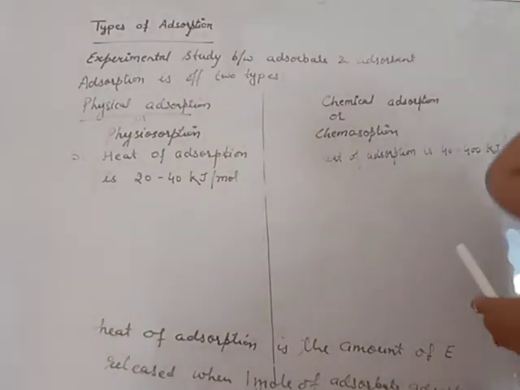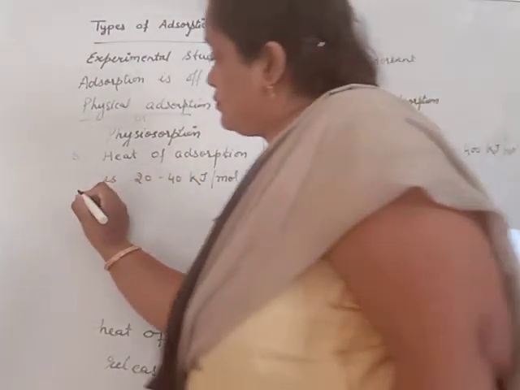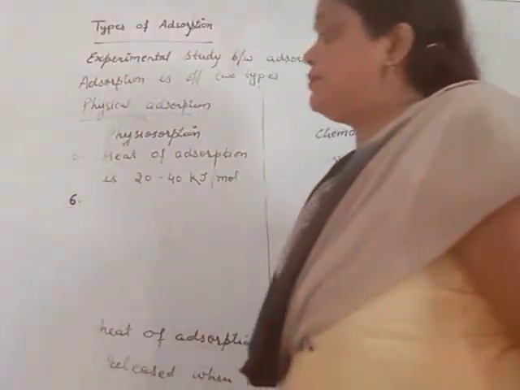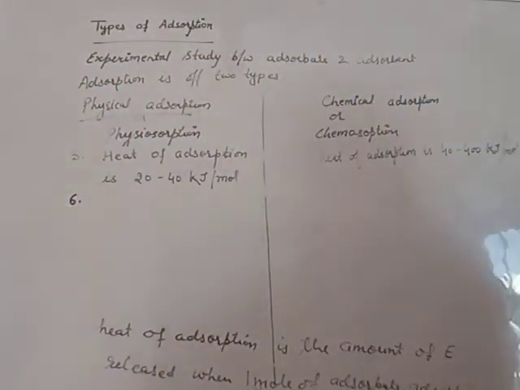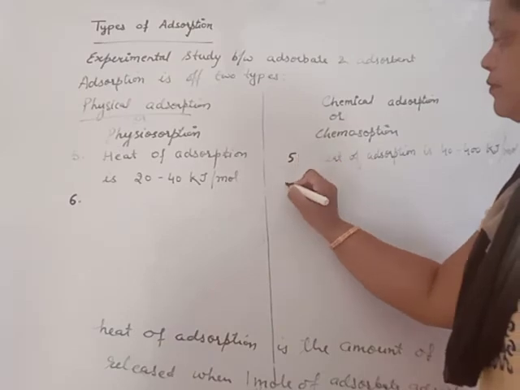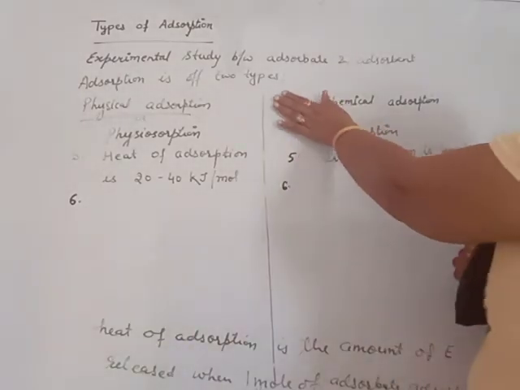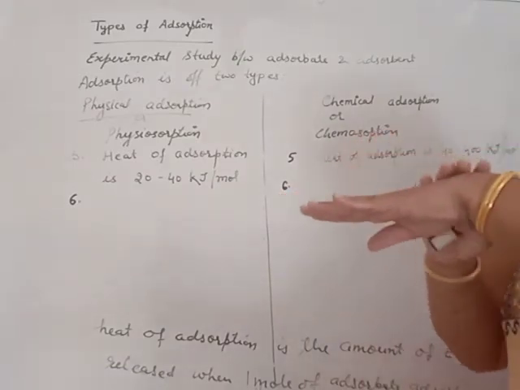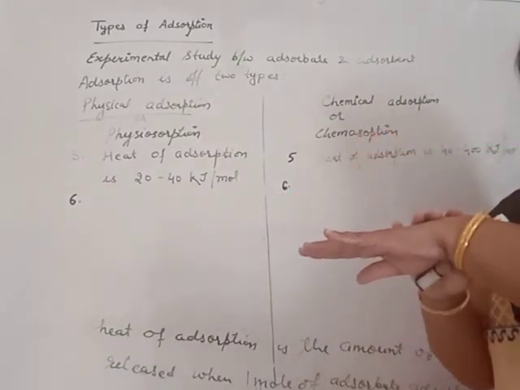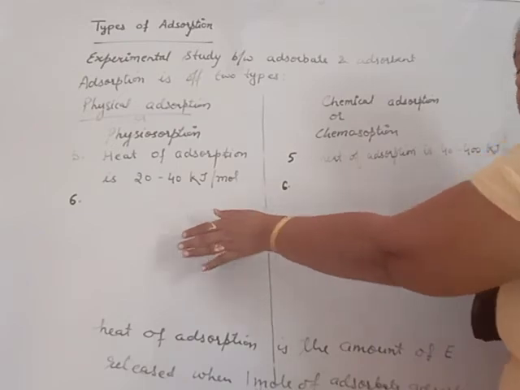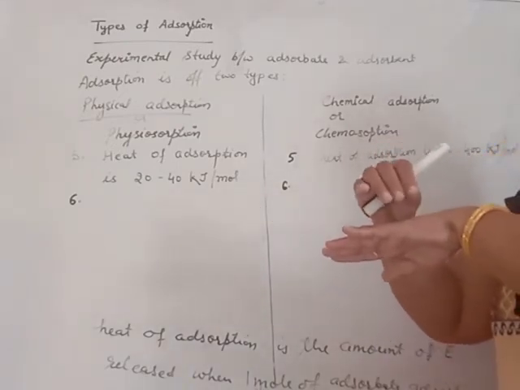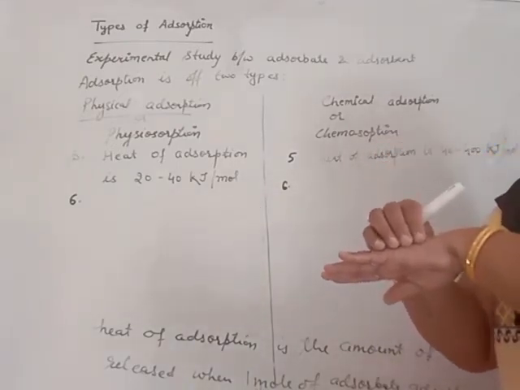Now, next one. Beta, if chemical reaction takes place, only one layer of the surface is used. But in physical adsorption, because of weak van der Waals force of attraction, adsorbate may enter into 2 or 3 levels.